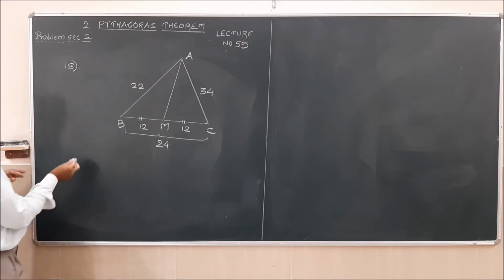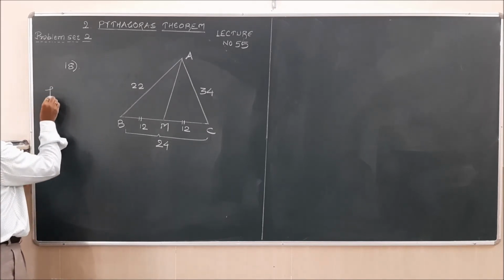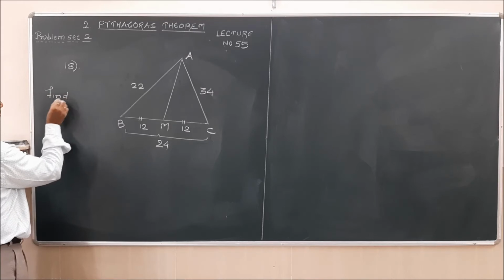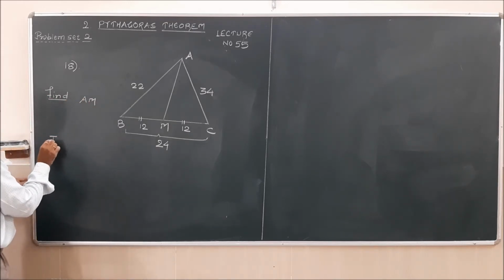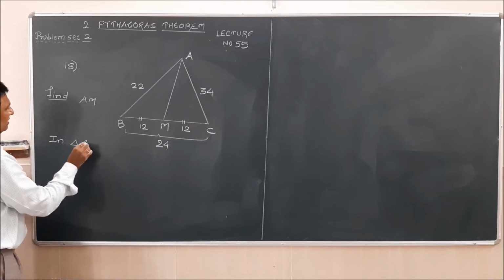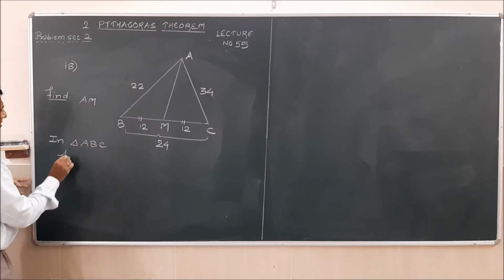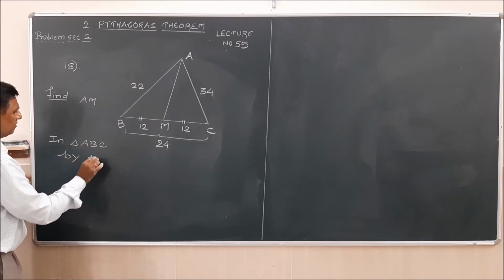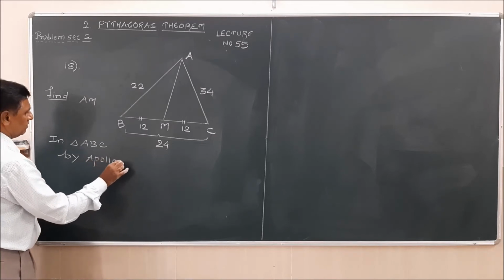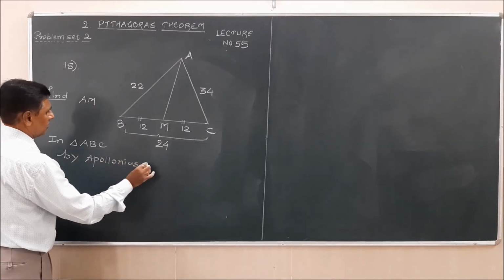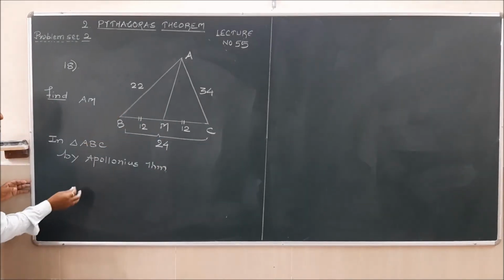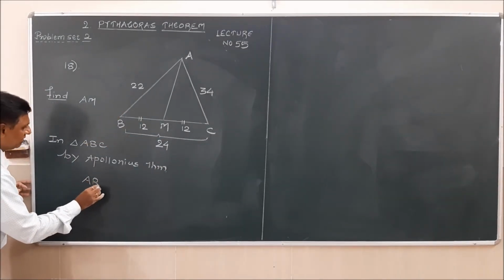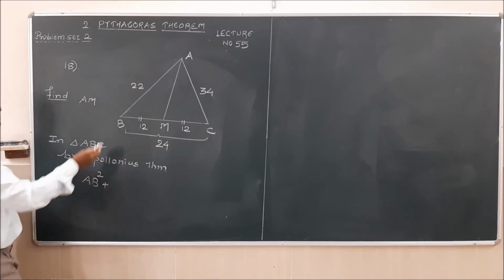Same way, very simple. Find AN. In triangle ABC, you will surely notice that we have to use Apollonius theorem.